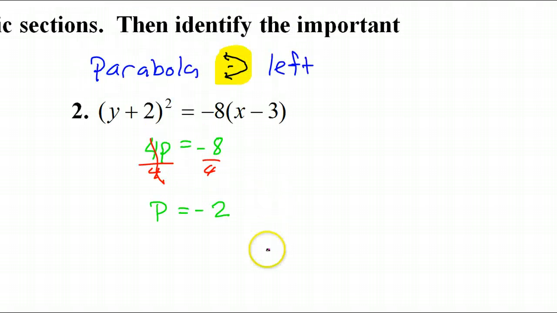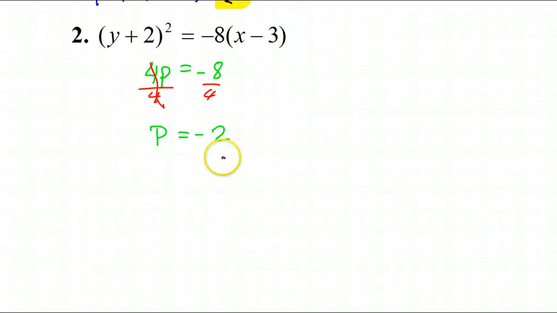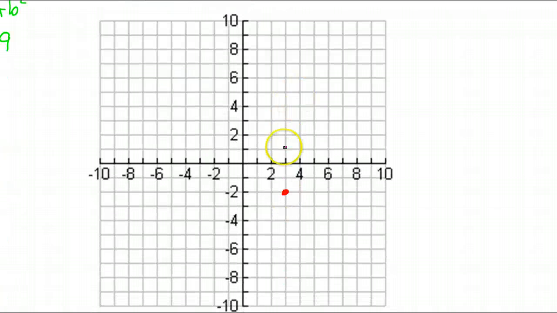Now, what that tells me is where the focus goes. I'm going to the left, so I go to the left 2. This is the vertex, and I'm going to go to the left 2, and that'll be my focus, right here.